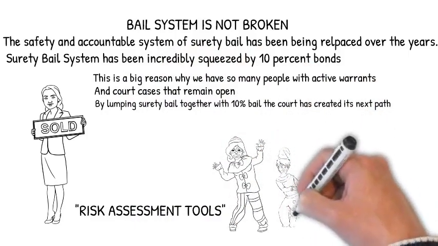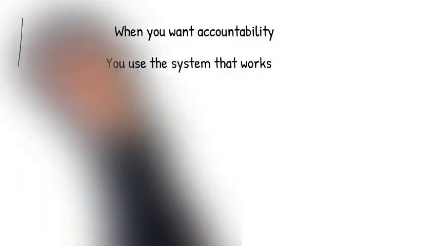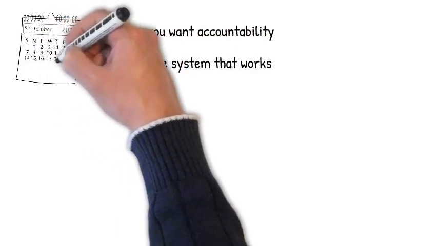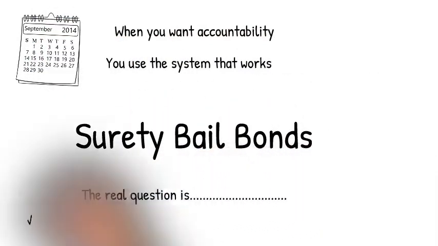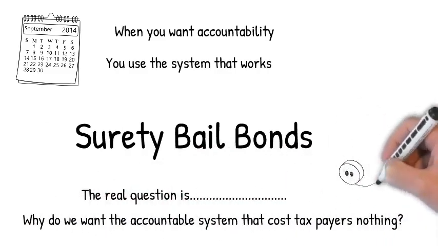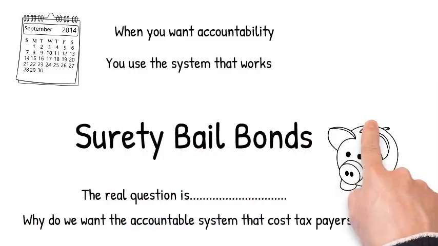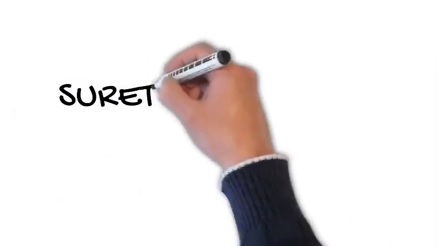The accountable bail system is surety bail, but the court continues to use 10% bonds, OR bonds, at the risk of the public safety and costing the taxpayers a lot of money. If we want an accountable system, surety bail is the answer.